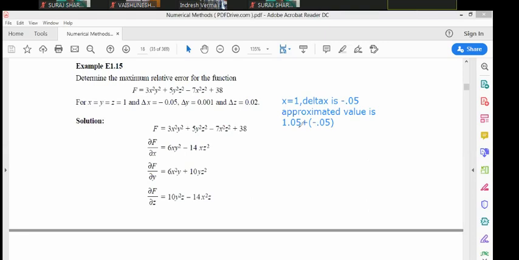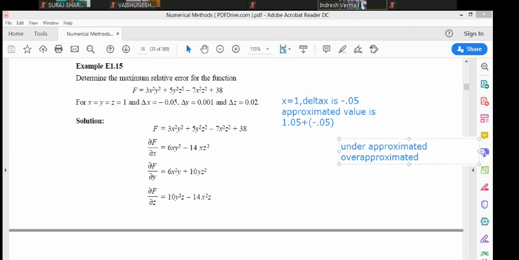So we can commit the error in measurement or in computation, and that approximated value may be undervalued or overvalued. So there are two things. One is under approximated, and another is over approximated.